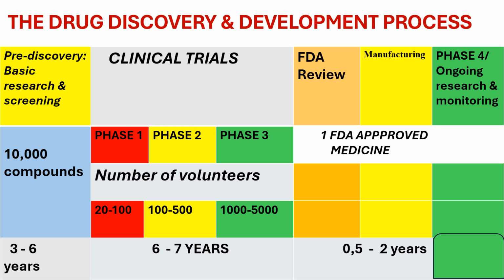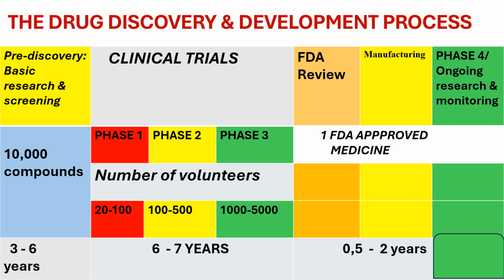For phase 1, the number of volunteers is 20 to 100. For phase 2, it ranges from 100 to 500. For phase 3, it ranges from 1,000 to 5,000. Years required for clinical trials: 6 to 7 years.